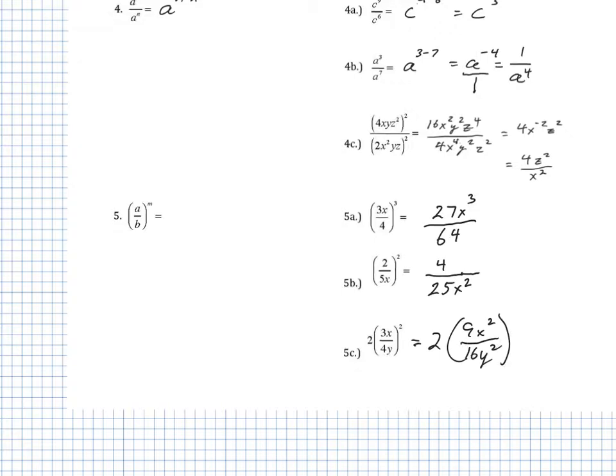And what I can do is, yeah, we can reduce the 2 with the 16, divide it out, and our final answer should be 9x squared over 8y squared.